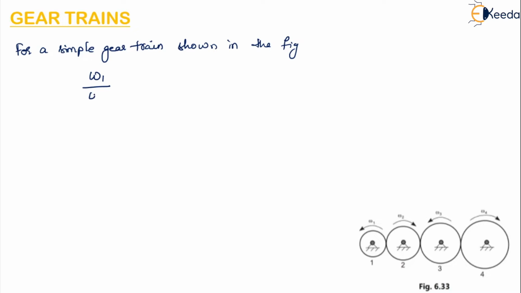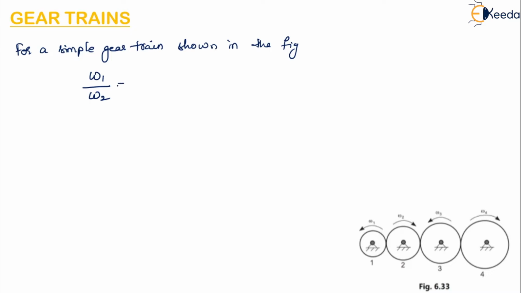For a simple gear train shown in this figure, what is the velocity ratio? We know that velocity ratio is represented by omega 1 divided by omega 2.